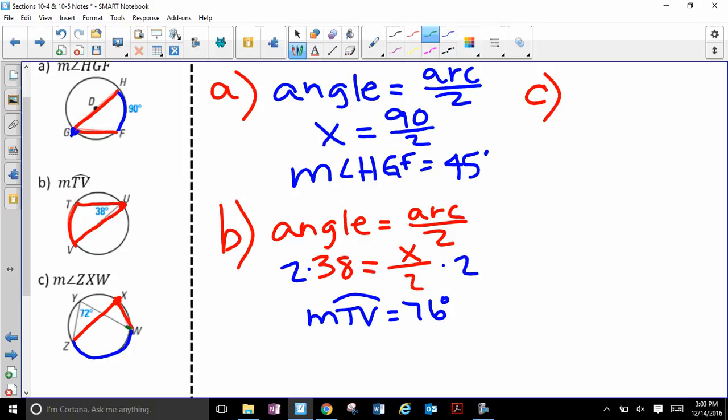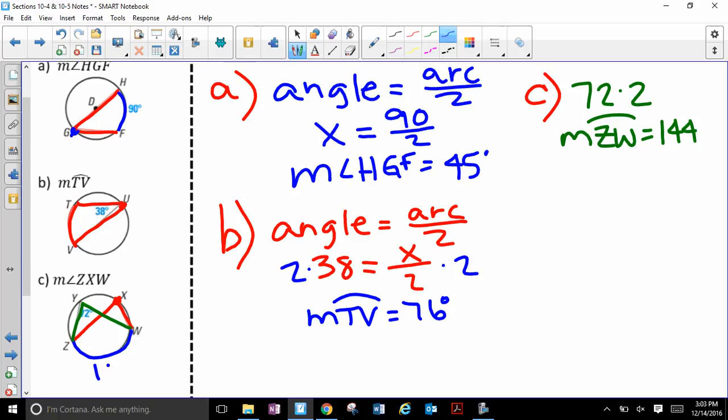Well, we don't know the arc or the angle, but if you look over here, what I'll outline in green, I do have this inscribed angle, which is 72 degrees, and that inscribed angle goes with this blue arc. So if you know the inscribed angle, remember you take the angle and times it by 2. That gives you the arc. So we then know the measure of arc ZW is what? 144 is the measure of this arc in blue.